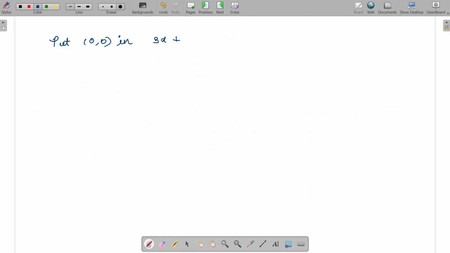Therefore what we get is 3 times 0, because x is 0, and 5 times again 0, because y is also 0, less than or equal to 15, so this will be 0 less than or equal to 15, which is true, right? So therefore the inequality is satisfied.